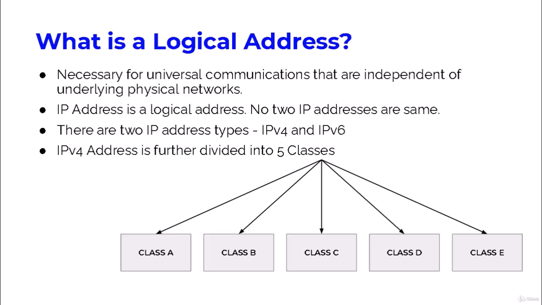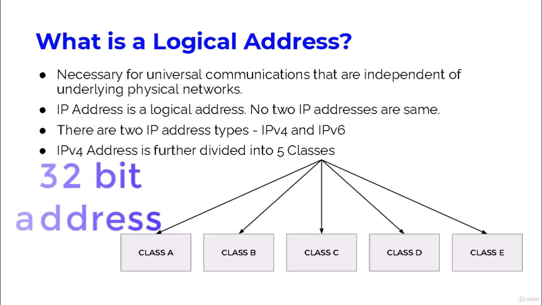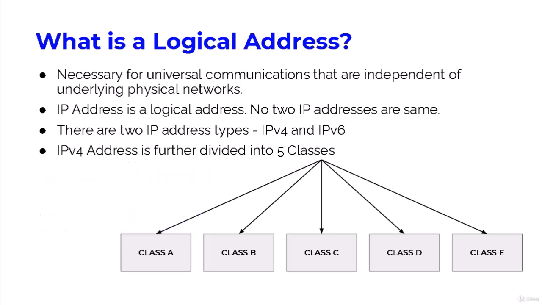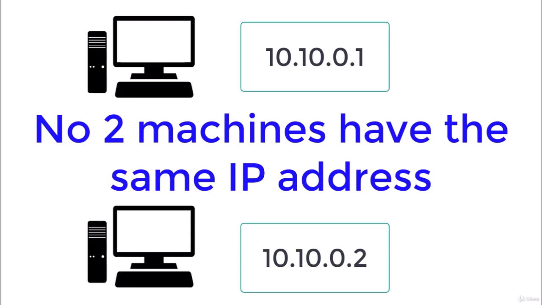A logical address in the internet is currently a 32-bit address that can uniquely define a host connected to the internet. Make sure that this sentence which I am going to tell right now is very important: no two publicly addressed and visible hosts on the internet can have the same IP address. Is it possible that you and your friend live in the same house?